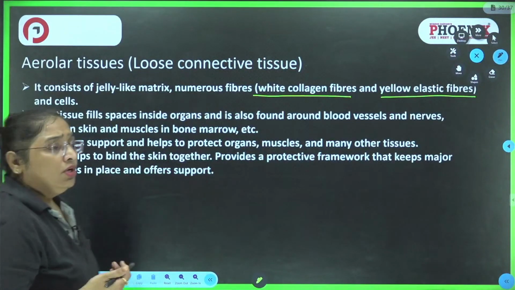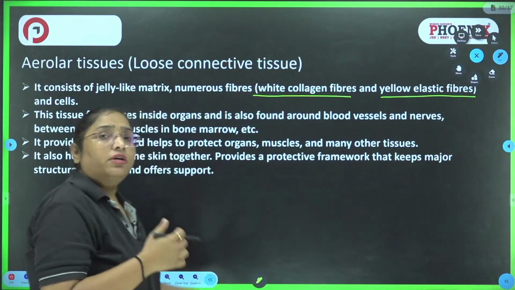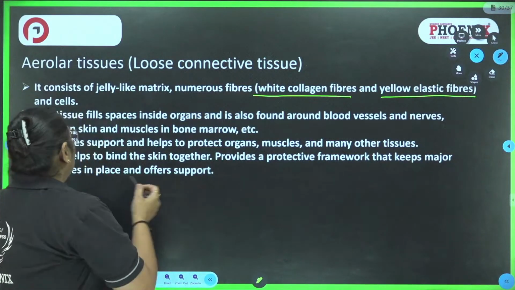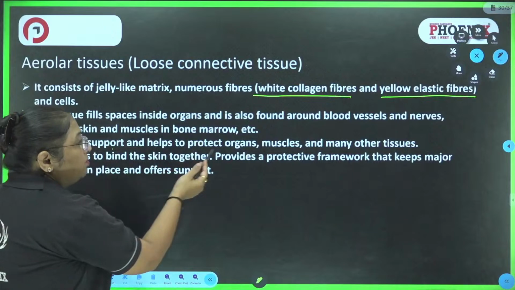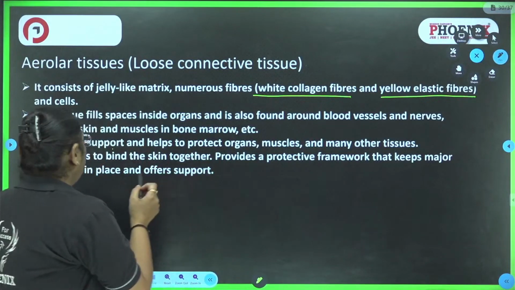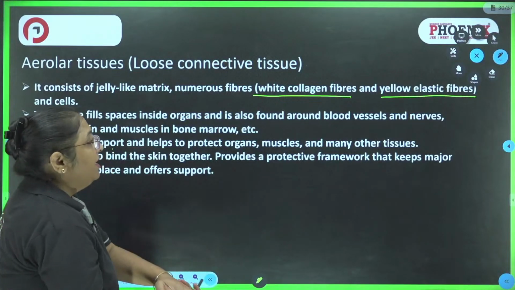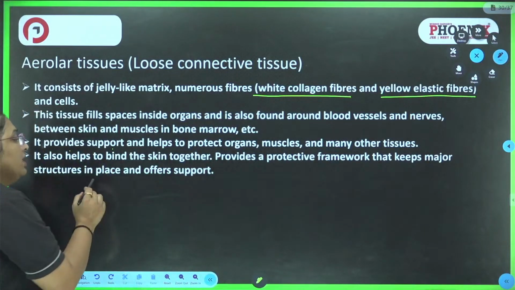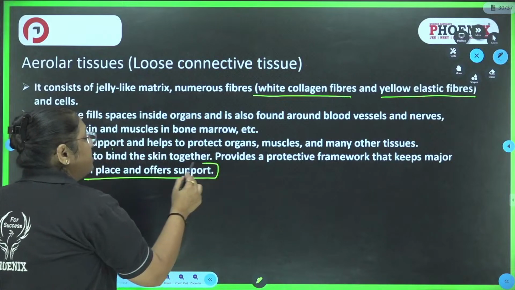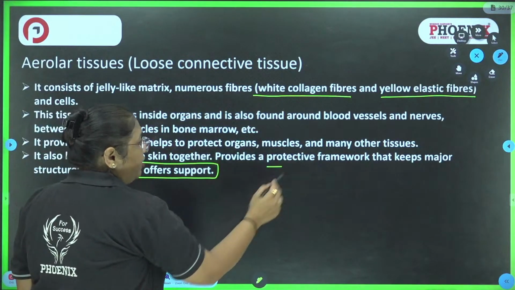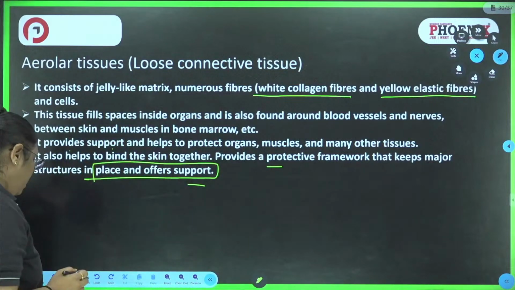It also helps in protection of the organ. It provides support and a framework, and helps bind the skin together, providing a protective framework that keeps major structures in place. Its main work is the protective framework and offering support.